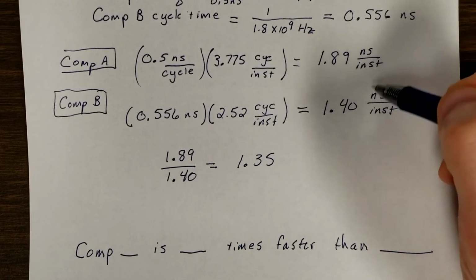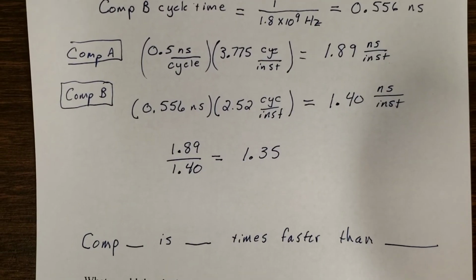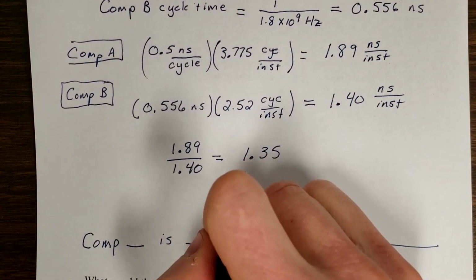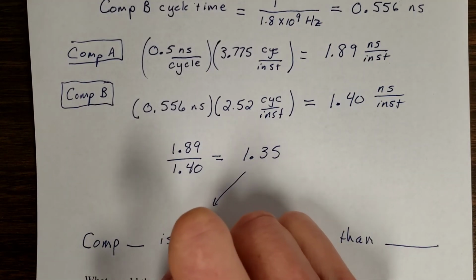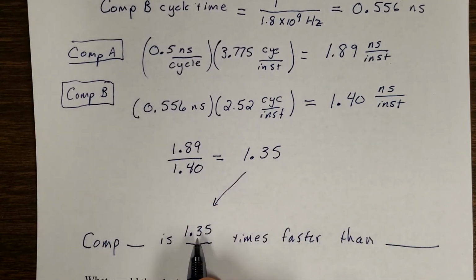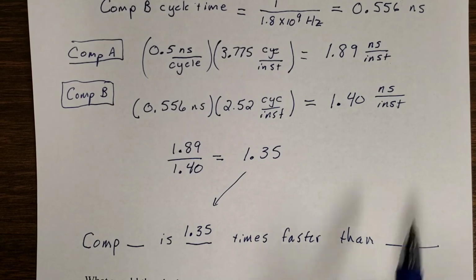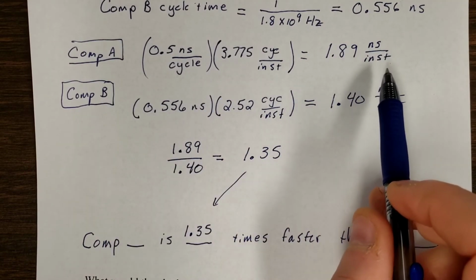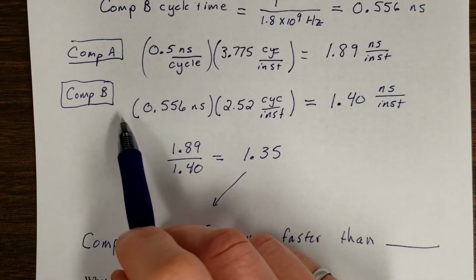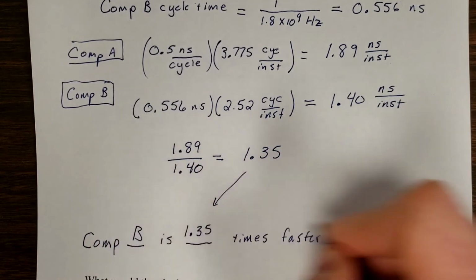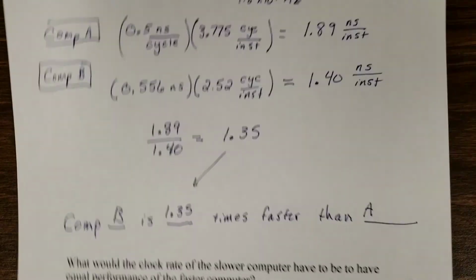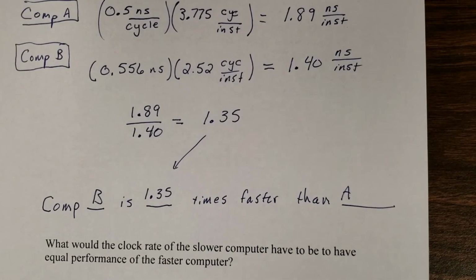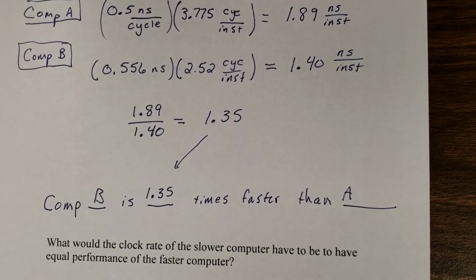We're comparing apples to apples because it's the same number of instructions, and this is what goes in the middle blank: 1.35 times faster. Now we have to go back and check which one was better. A had a greater time per instruction than B, so B is going to be faster, and computer B is 1.35 times faster than computer A. And that's the answer there.